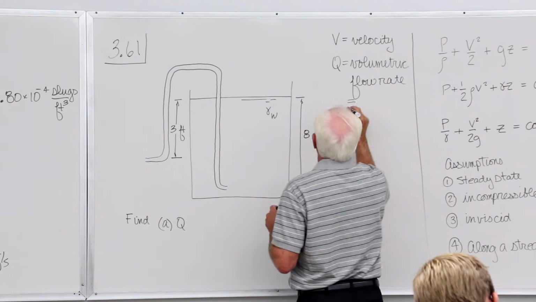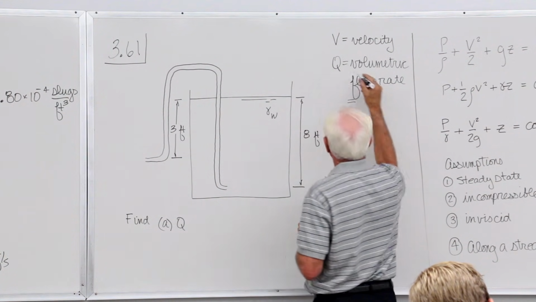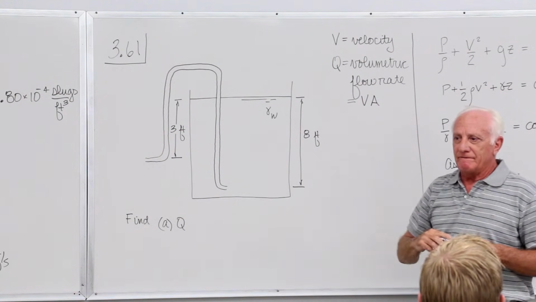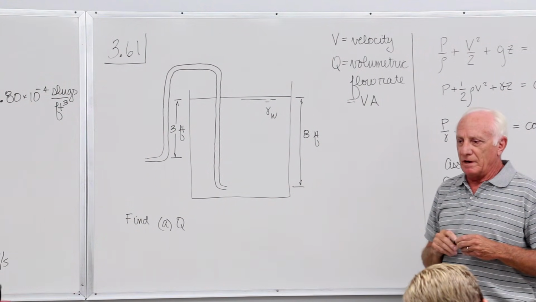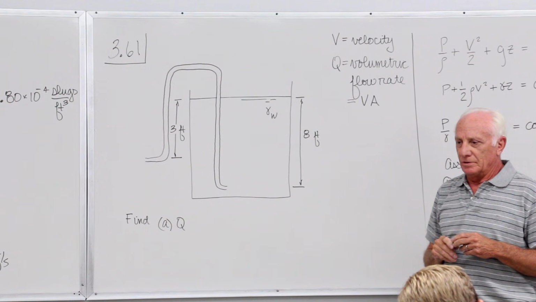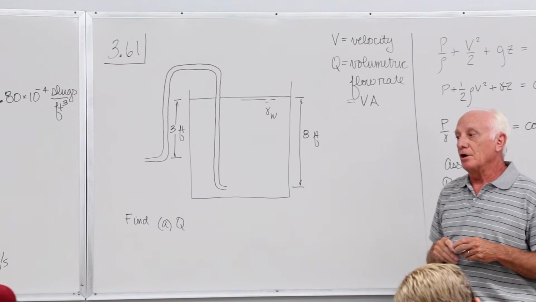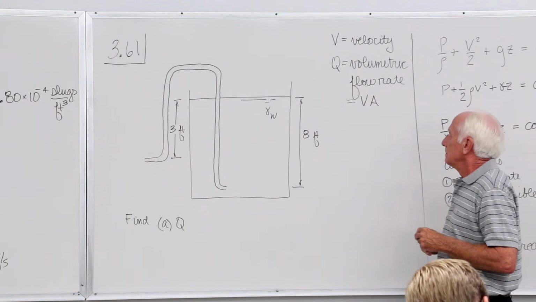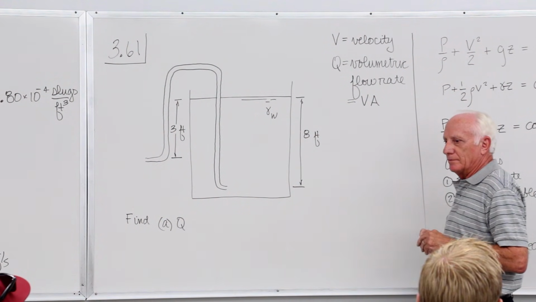To calculate it, you take the velocity times an area. Velocity, feet per second. Area, square feet. Q, cubic feet per second, or cubic feet per minute, CFM. That's called volumetric flow rate.